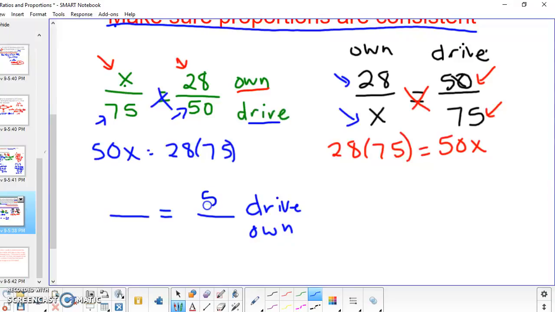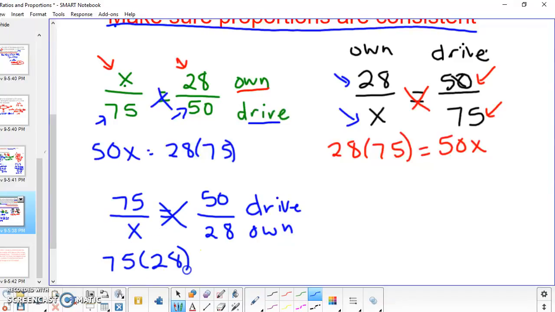So of the 50 who drove, we know that 28 actually own their cars. And of the 100, not 100, 75, I keep wanting to say that's 100, of the 75 that drove, x owned their car. So again, we get 75 times 28 equals 50 times x.